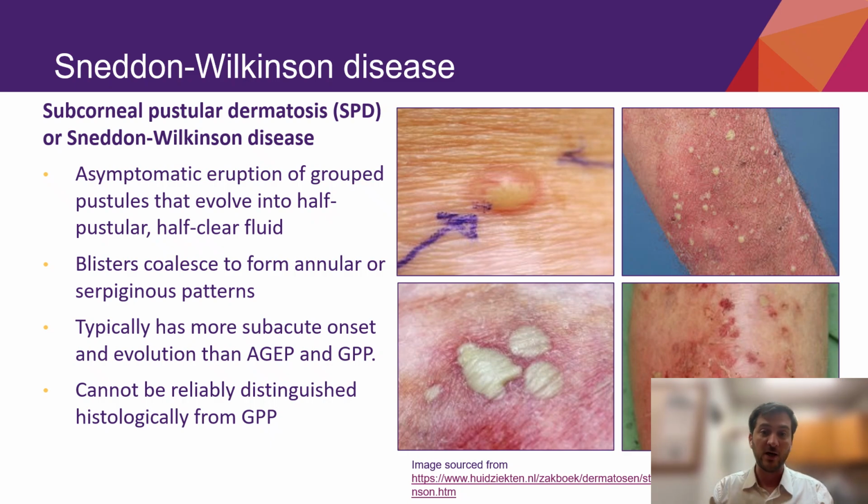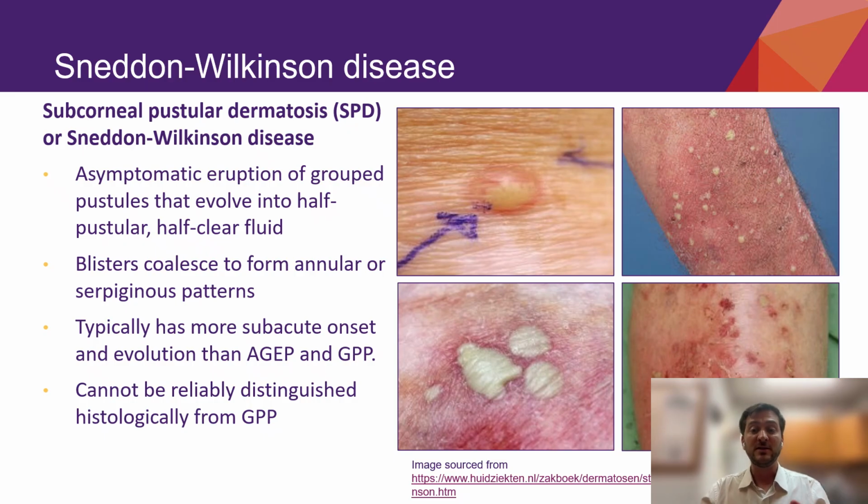However, it usually has a more subacute onset, presenting as an asymptomatic eruption. The lesions are grouped, flaccid pustules or blisters that could contain both pustular and clear fluid.